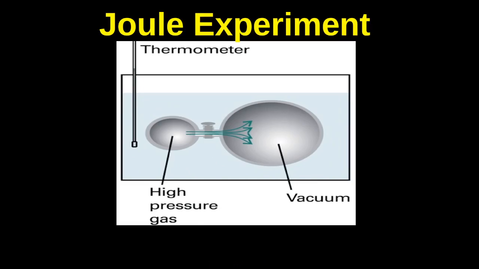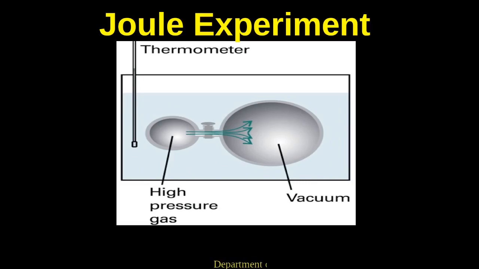In this experiment, only the pressure and volume of the gas changed, and as the bath did not show any change in temperature, it is evident that the temperature of the gas remained constant.